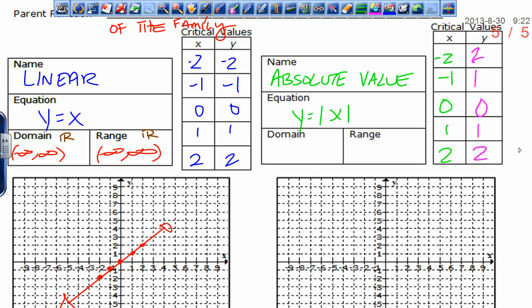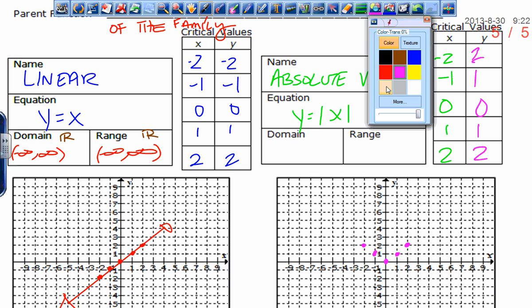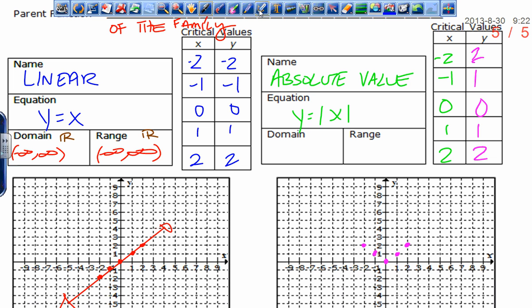Graphically, this is kind of a weird concept. At -2, 2. -1, 1. 0, 0. 1, 1. 2, 2. Kind of weird, right? It's going to keep on going in that shape.